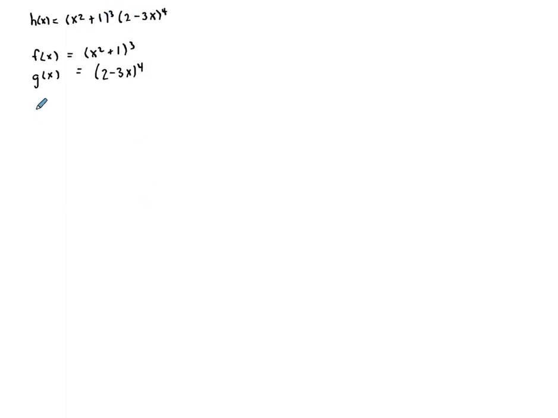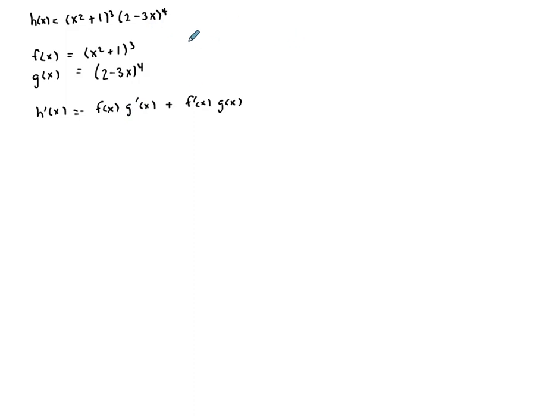In other words, we're going to say h prime of x equals f of x times g prime of x plus f prime of x times g of x. Just like that. So that means we need to find the derivatives of f of x and g of x.